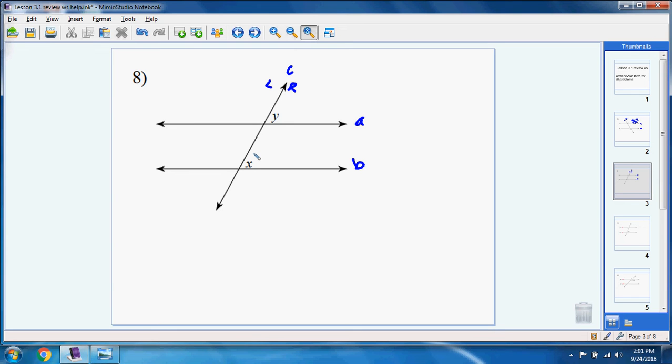One of the vocab terms that we learned about, again, was referring to the same location. If they're both on the right side of the transversal, and if you notice, they would be both above line A and then above line B, because this would be below line B. What's the term? We would say that they are top or above and right.